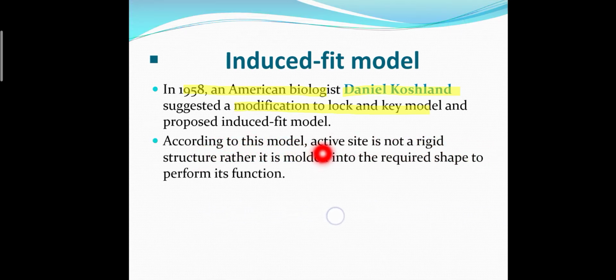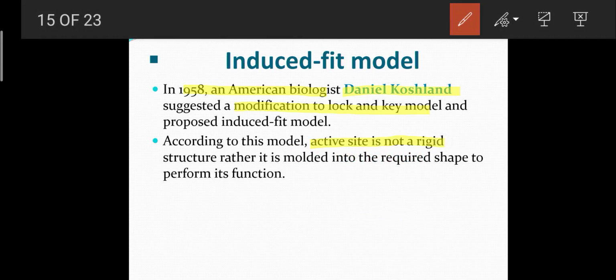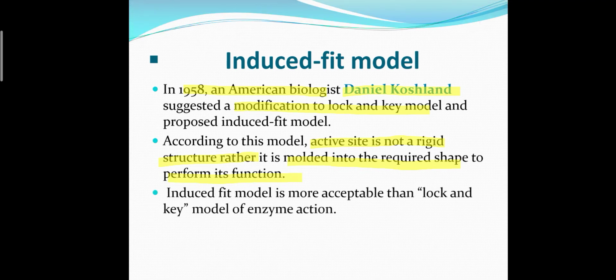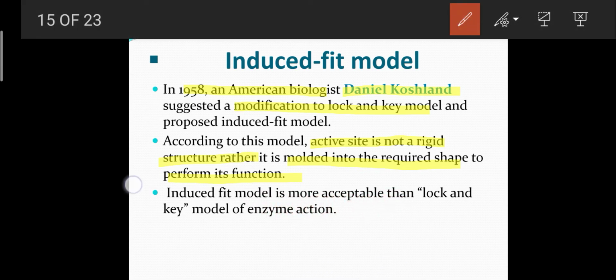According to this model, the active site is not a rigid structure. It is molded into the required shape to perform its functions. So now the induced-fit model is more acceptable than the lock and key model.